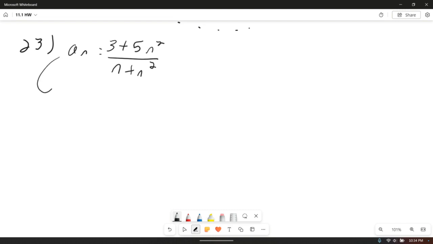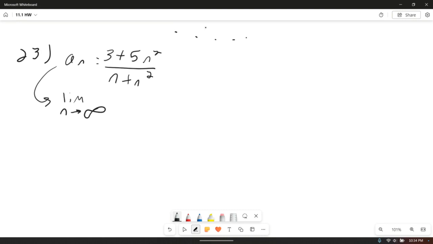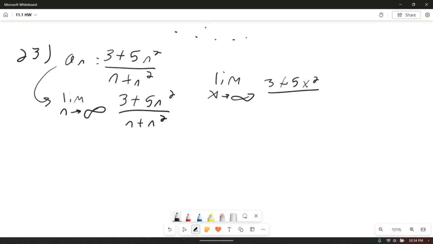So first of all, to see if it converges, we're just going to take the limit as n approaches infinity of the sequence, 5n squared over n plus n squared. So just think of these as the limit as x approaches infinity of 3 plus 5x squared over x plus x squared, right?